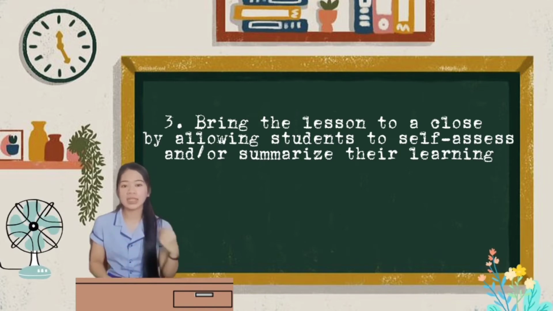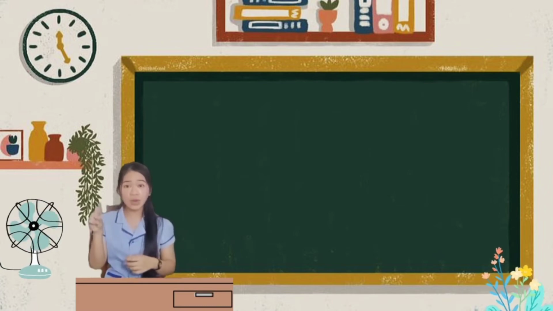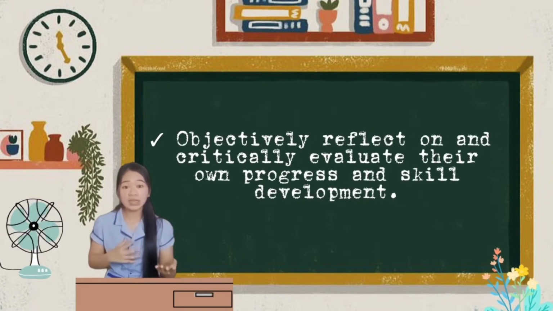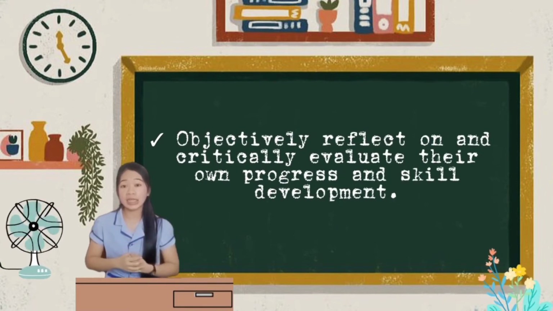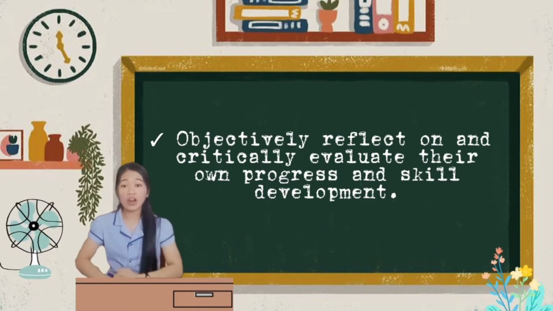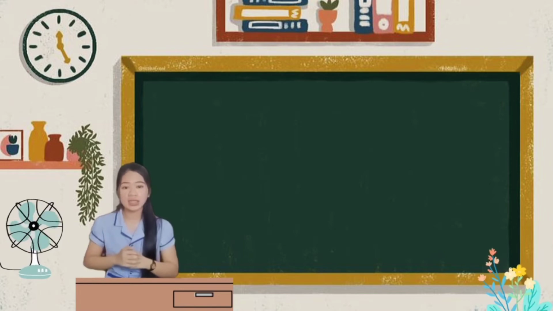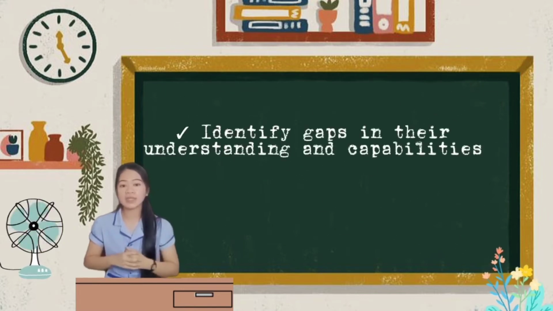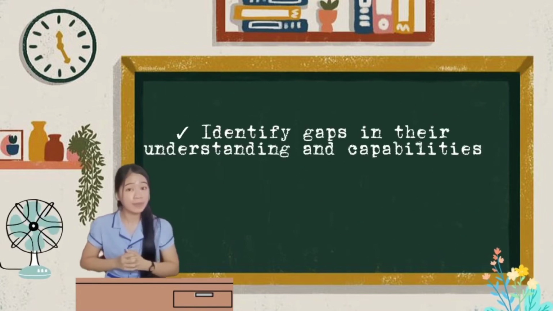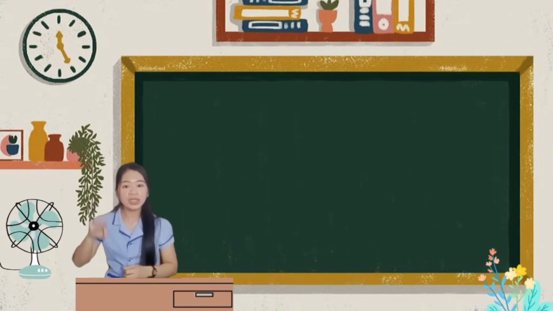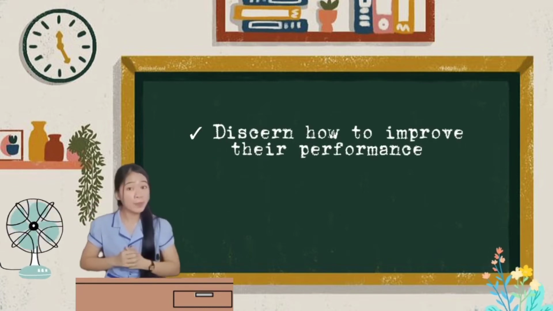With practice, they learn to, first, objectively and critically reflect on and evaluate their own progress and skill development. Second, identify gaps in their understanding and capabilities. And third, discern how to improve their performance.